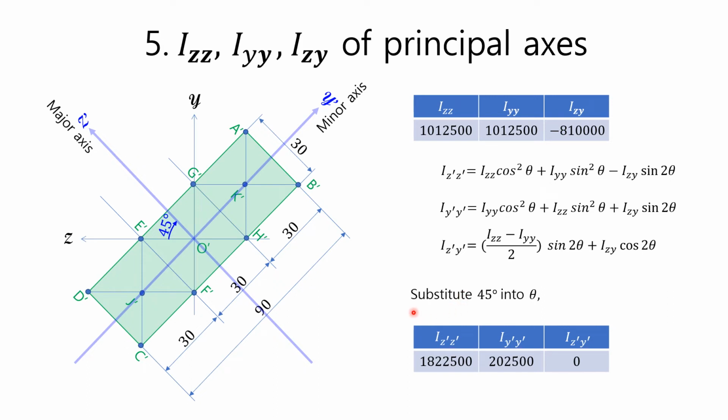Substituting 45 degrees for theta, we can get the values shown in this table, where the values for the major principal axis z prime represents the maximum second moment of area in this section, and the values for the minor principal axis y prime represents the minimum second moment of area in this section. The product moment of area with respect to the principal axis equals 0.